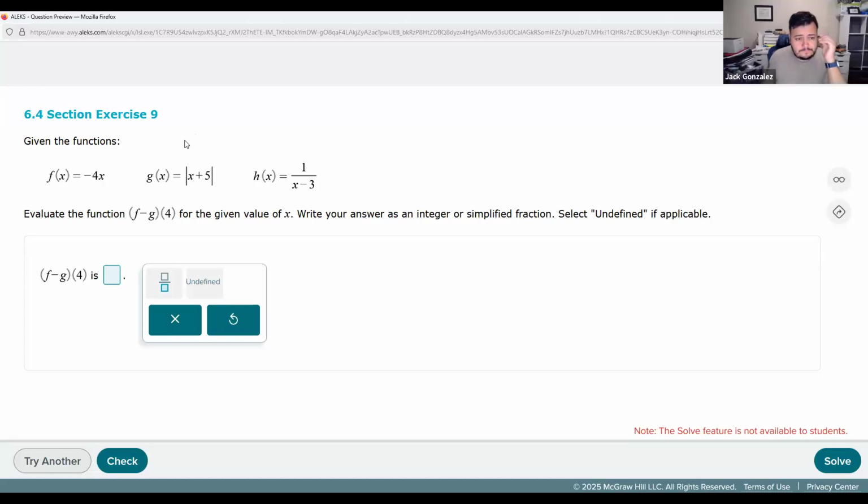Okay. Well, plug in the 4 into both and then subtract, or just subtract the functions right now. Let's see. Now let's do this on paper.